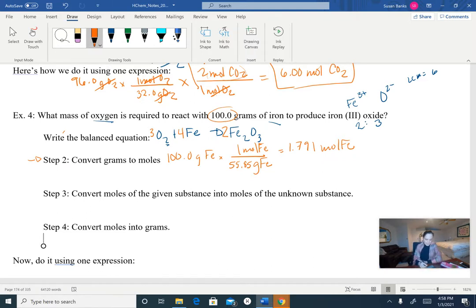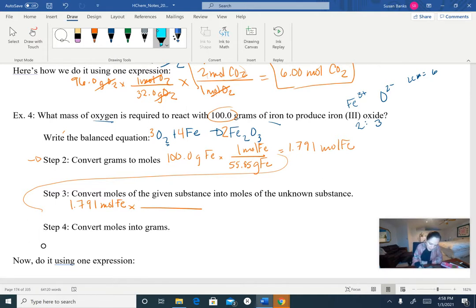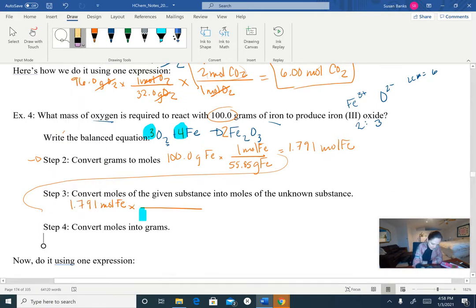The next step then, I've got one step done. I now need to take those moles of iron and convert them into the moles of oxygen, which is what I want to know about. So I have 1.791 moles of iron, and I need to go from moles of iron to moles of oxygen. So I'm going to grab my ratio. I have 4 moles of iron reacting with 3 moles of oxygen.